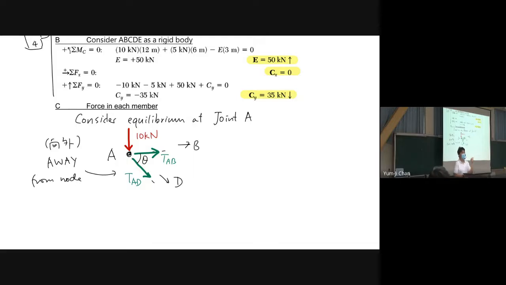So how many equations can we write here? 1, 2, or 3? Because it's a 2D problem, we have two equations. So we have summation Fx equal to 0 and summation Fy equal to 0.